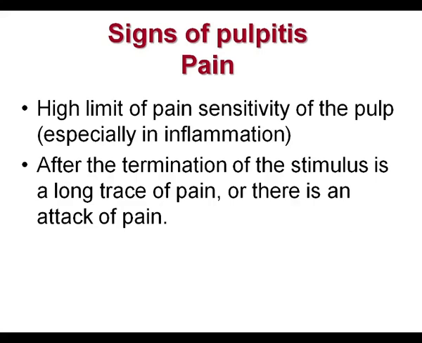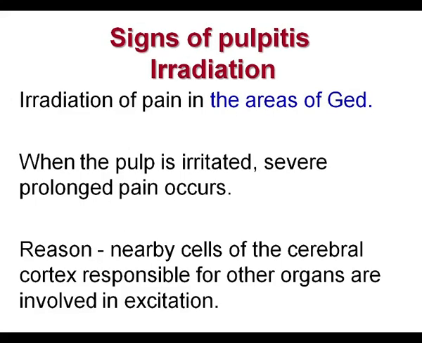And also another one: after the termination of the stimulus, there is a long trace of pain, or there is an attack of pain. The next characteristic of pulpitis, not for all forms but still, is irradiation.